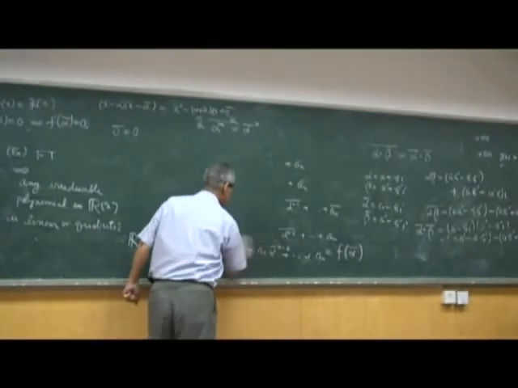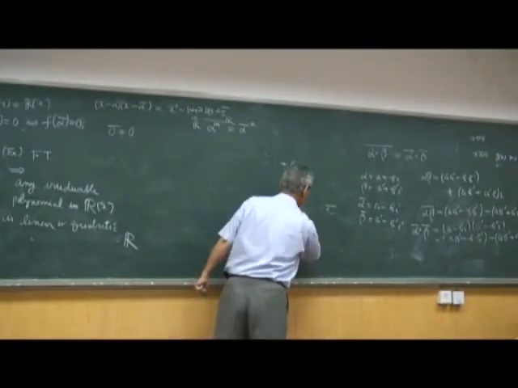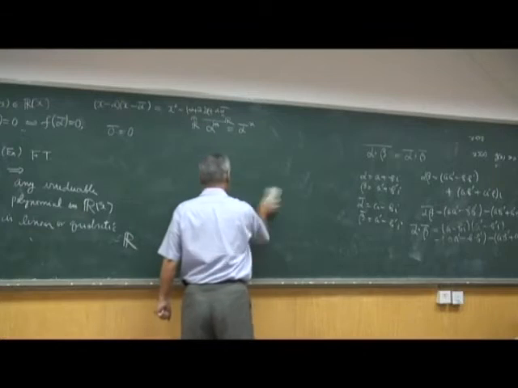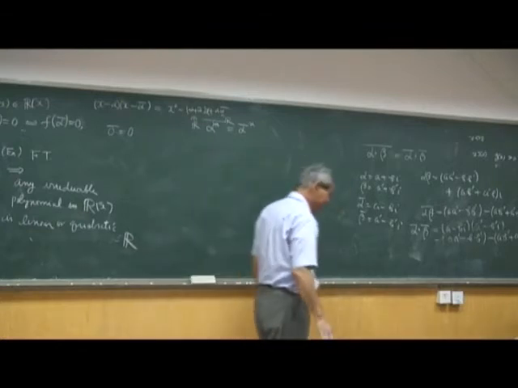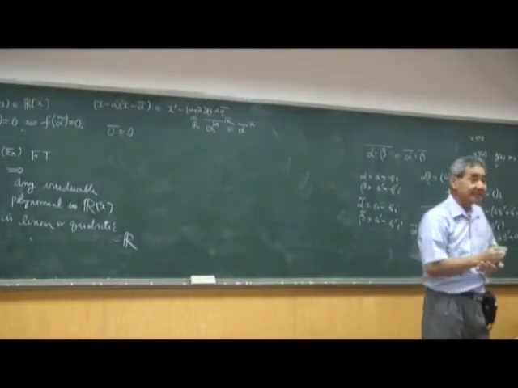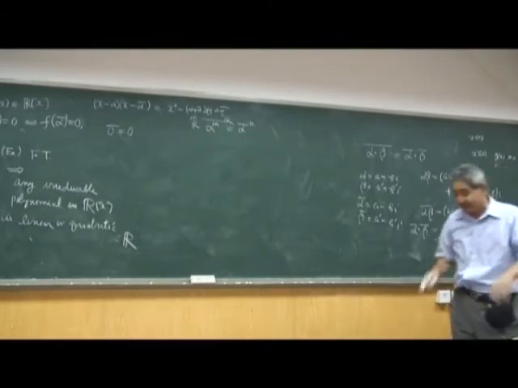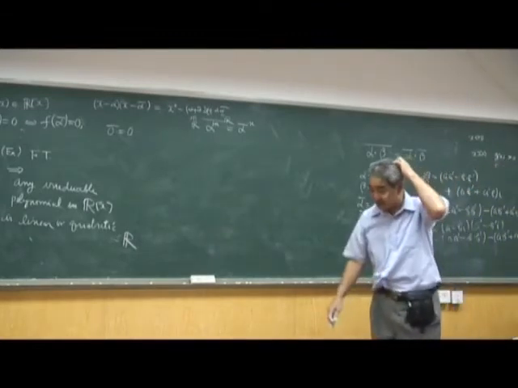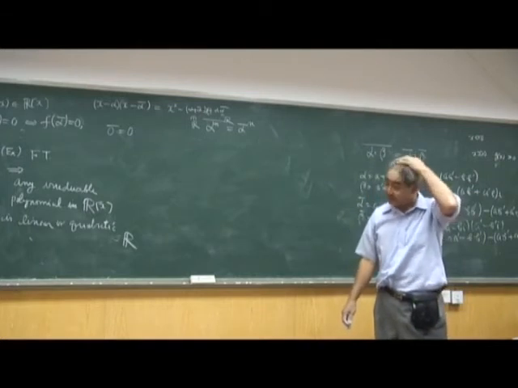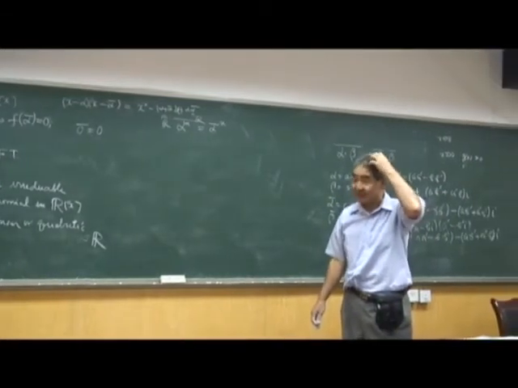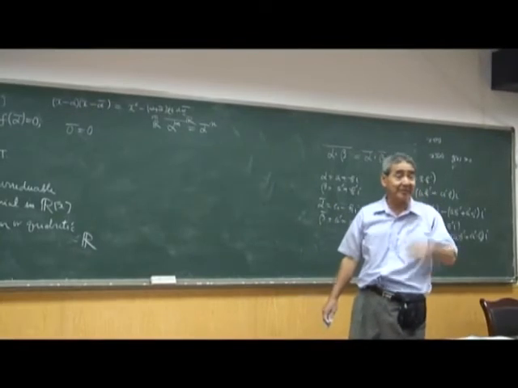In modern mathematics, we have several notions of algebras, and one of the important notions is a field. That means you have a system in which you have addition, subtraction, multiplication and division.